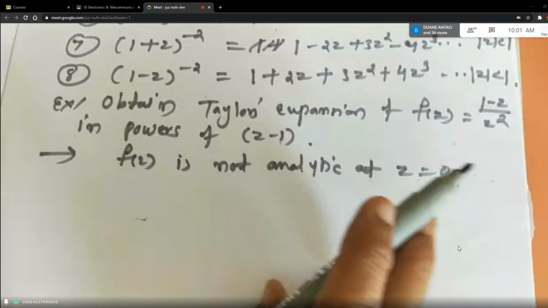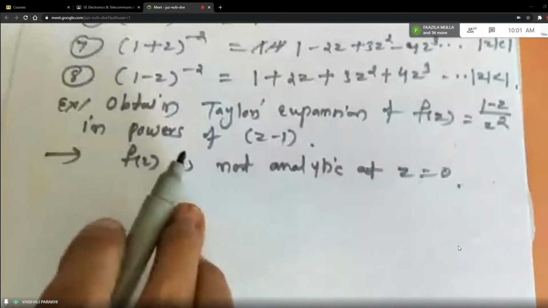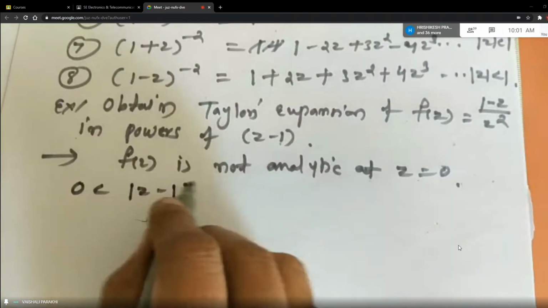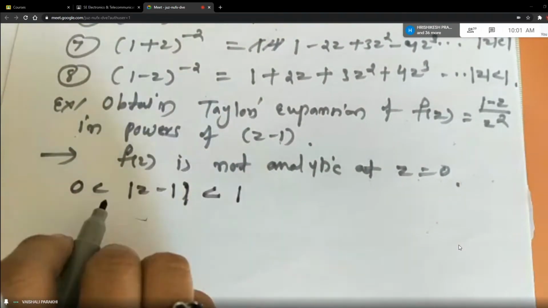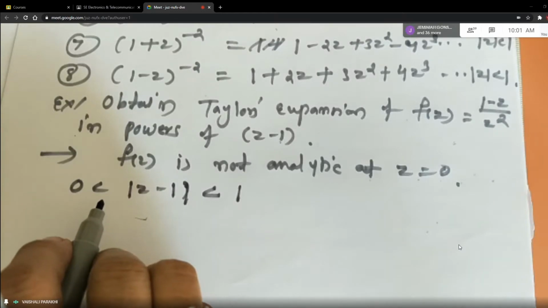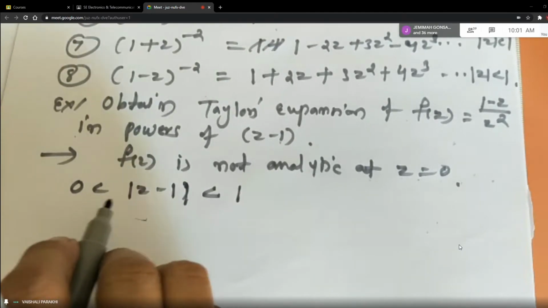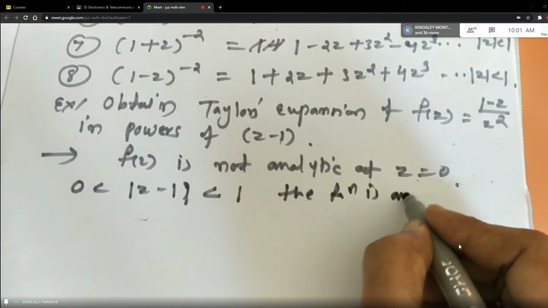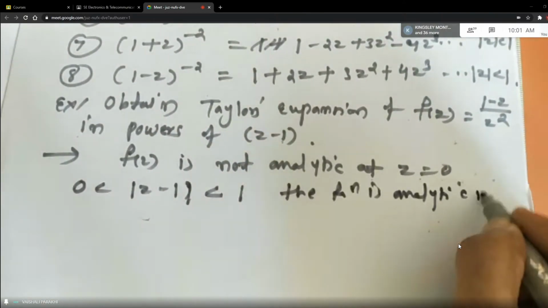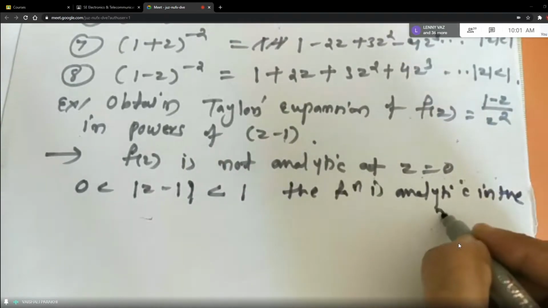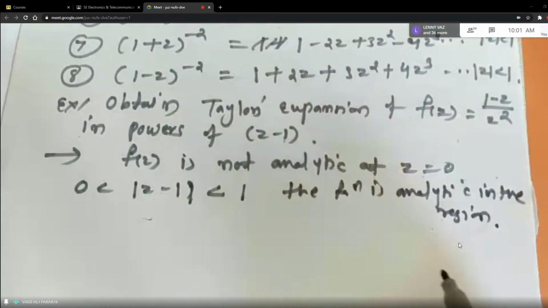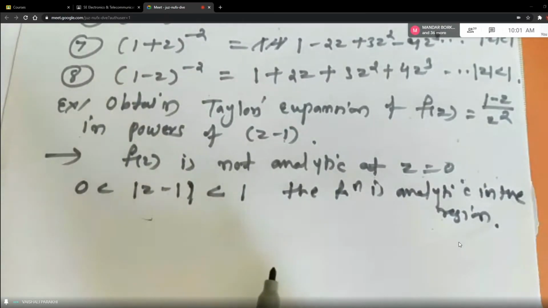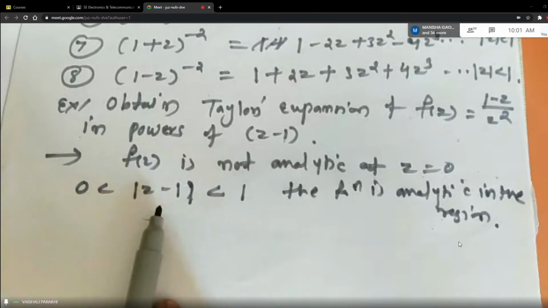So, if we consider the region like this, students, 0 less than mod of z minus 1 less than 1, the function is analytic in this region. Now see what I have done here. You can take this as z minus 1.